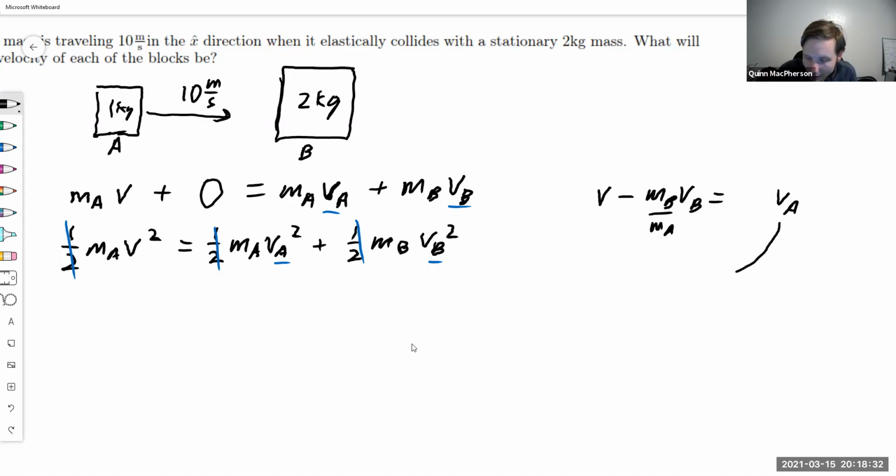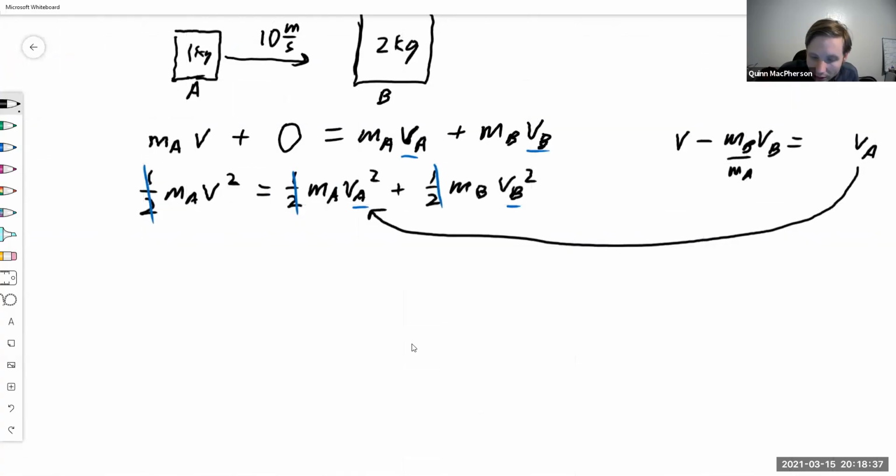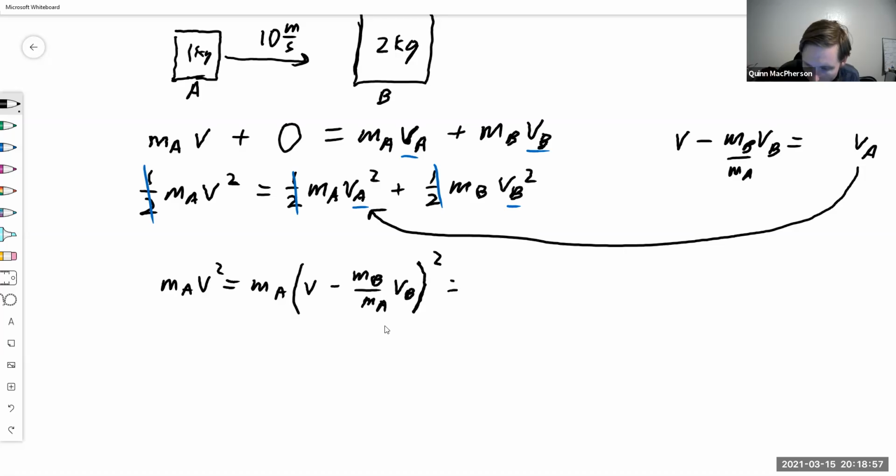I can then take that VA and plug it in there. MA V squared is equal to MA times parentheses V minus MB over MA VB, squared, plus MB VB squared.